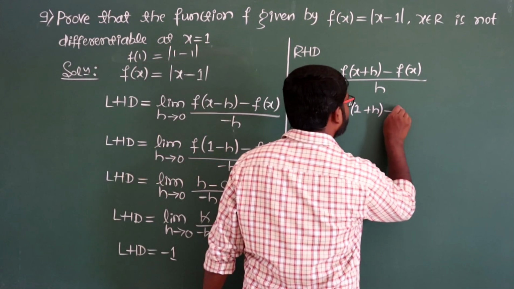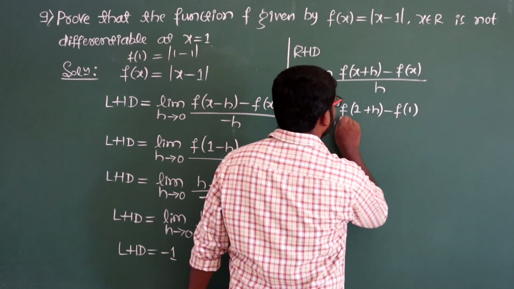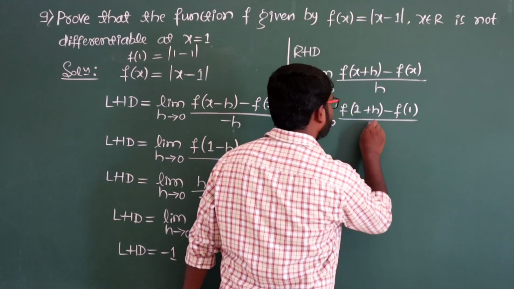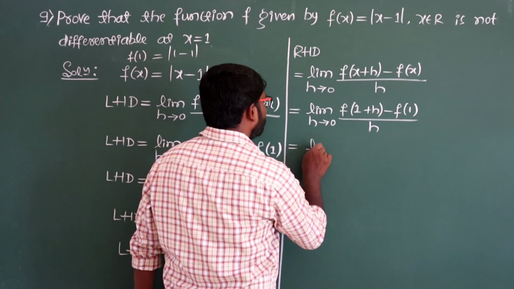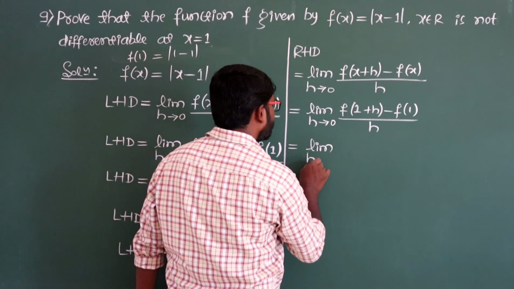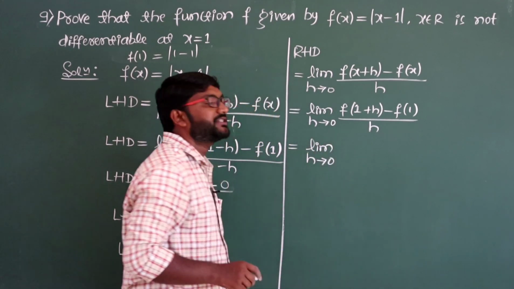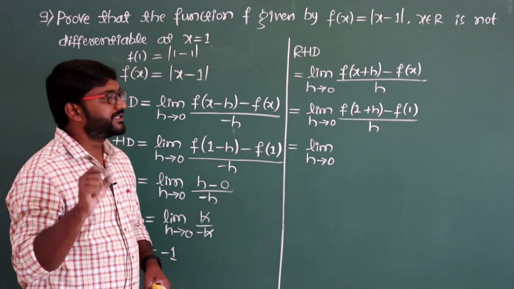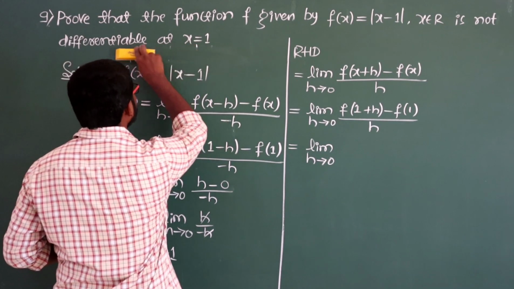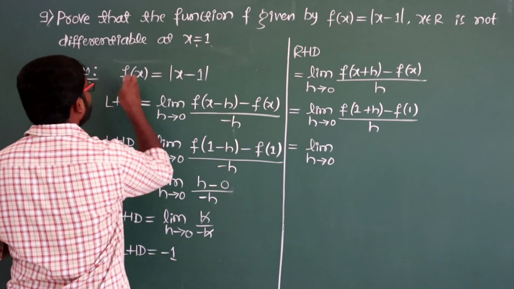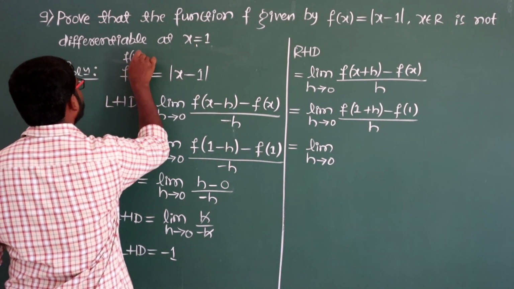Then minus f of 1 divided by h. So now substitute the values here. Limit h tends to 0, we need the value of f of 1 plus h. Similarly, here they have given f of x, now we need f of 1 plus h.